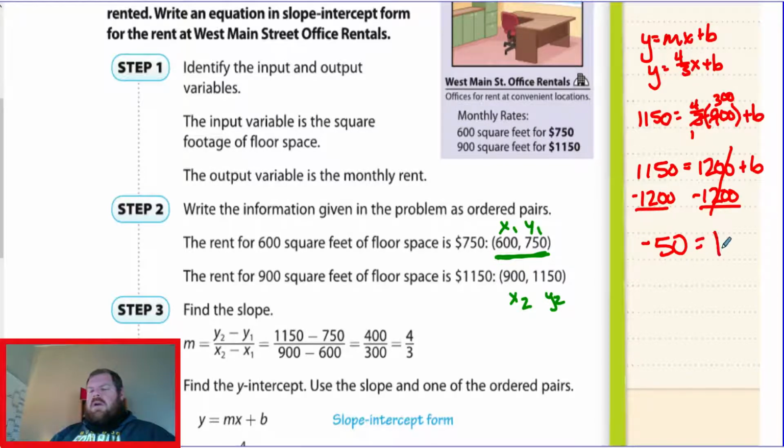And I have b equals negative 50. So technically, if you rented a 0 square foot space, they would owe you $50. That's probably not going to be the case, but that's what this is saying.